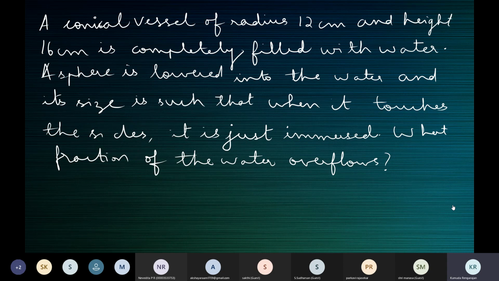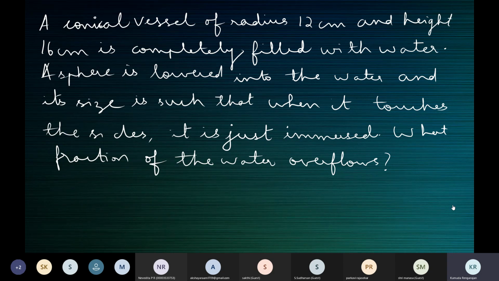A sphere is lowered, so gently you lower a sphere into the water. Obviously, water will overflow because the sphere is going to take up some space. Correspondingly, some water will flow out. Whatever is the volume of the sphere, that volume of water will flow out.